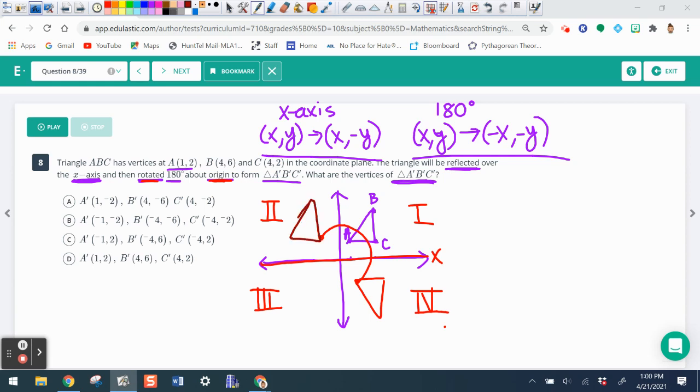So let's just talk about the signs of coordinates in these 4 quadrants. So in the first quadrant, you have a positive x and a positive y. Notice the 3 coordinates that they gave us, all of the coordinates are positive. In the second quadrant, you're going to have a negative x and a positive y.